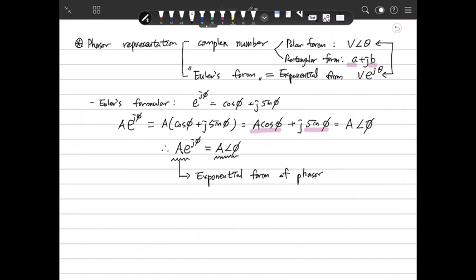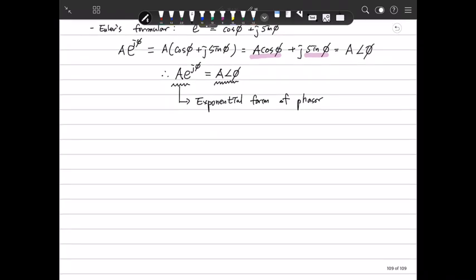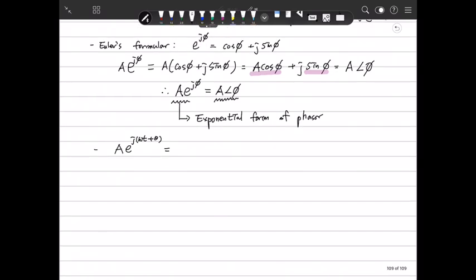I will give you a simple example here to deal with voltage and current in the exponential form. Before that, we have some equation. If there is an expression a exponential j omega t plus theta, how can you express that using the Euler formula?